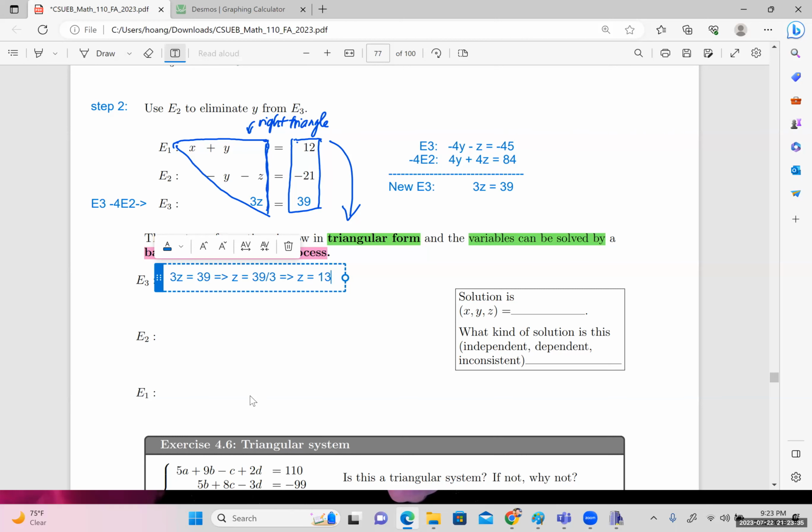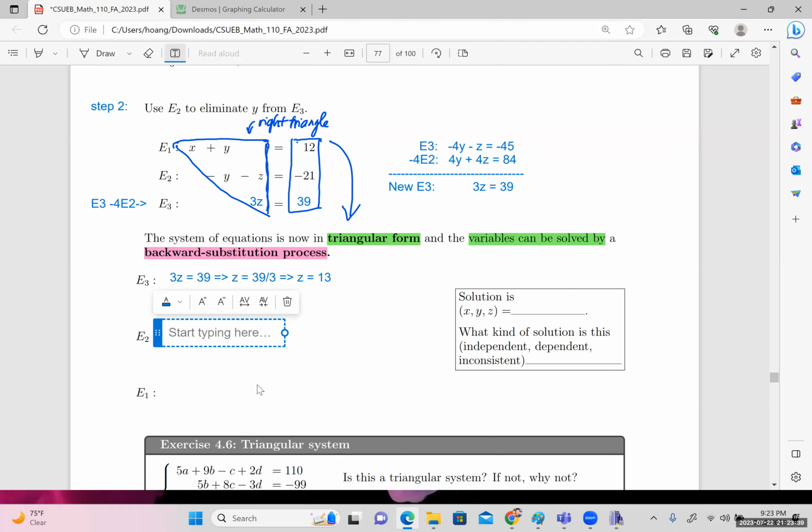After that, you go to equation 2 and substitute z into equation 2. Equation 2 was negative y minus z equal to negative 21, right? So now substitute z equal to 13. So we have negative y minus 13 equal to negative 21.